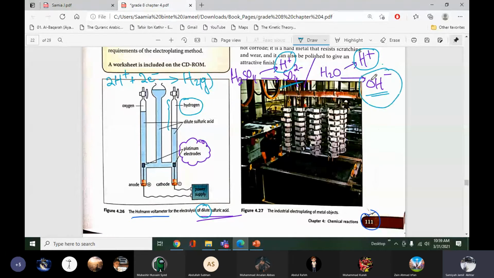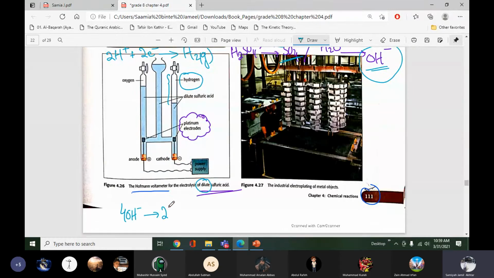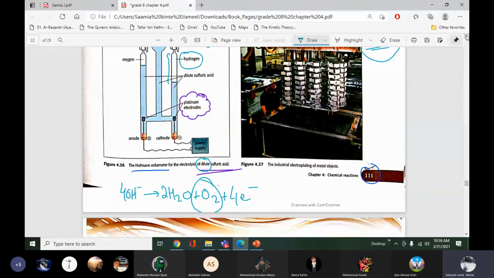As we studied in the previous example, whenever OH ions discharge, they will give water and oxygen by losing 4 electrons. So when OH ions are discharged at anode, oxygen gas is formed.